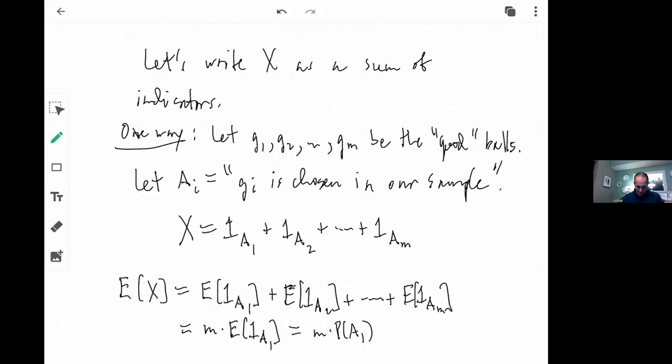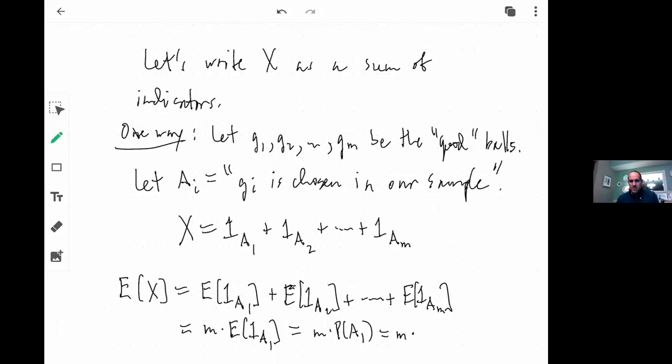Okay, and what is the probability that A1 is chosen? Well, let's think about that for a minute. If I know that the first good ball is chosen, then all I have to do is choose n minus 1 other balls from the capital N minus 1 balls that remain.